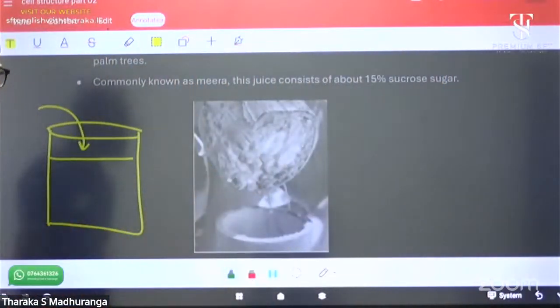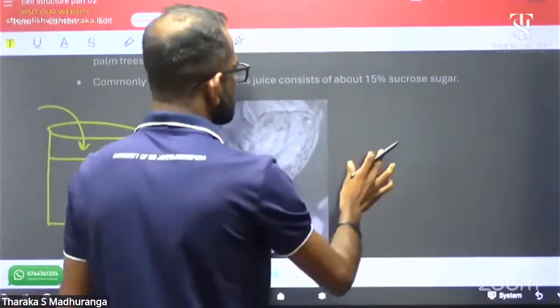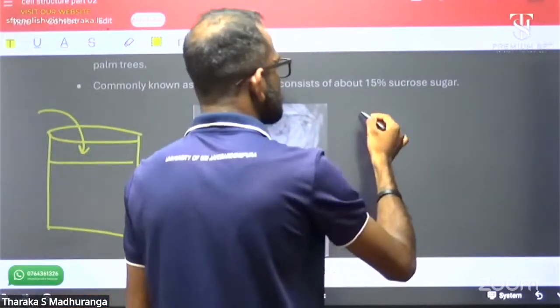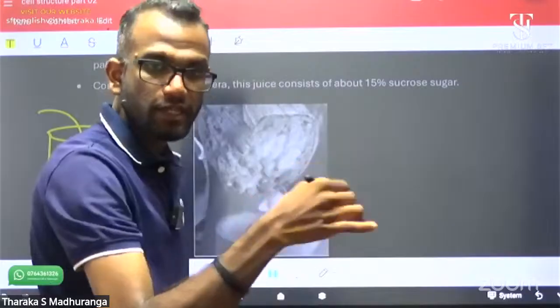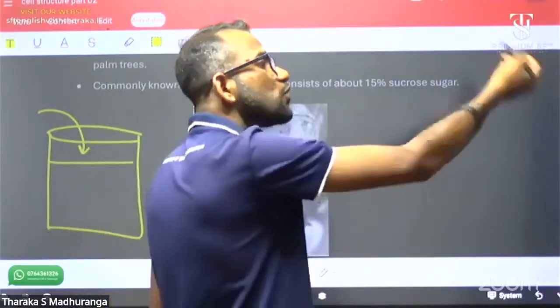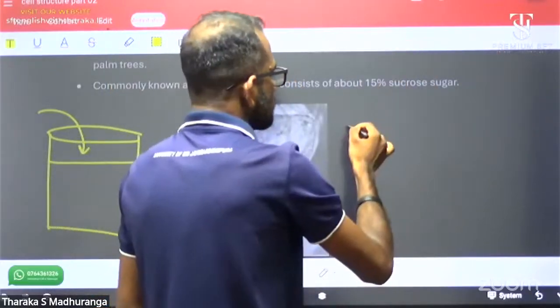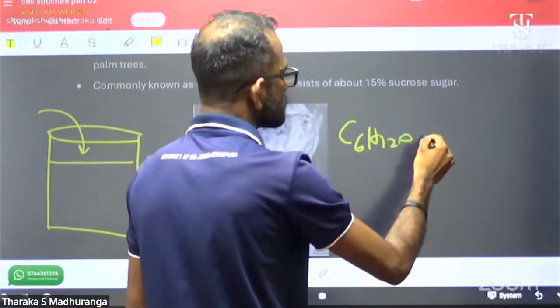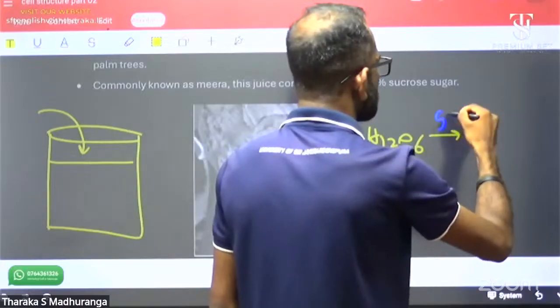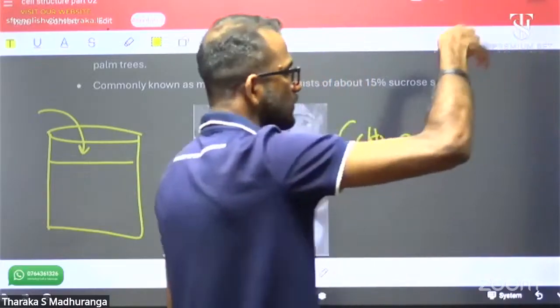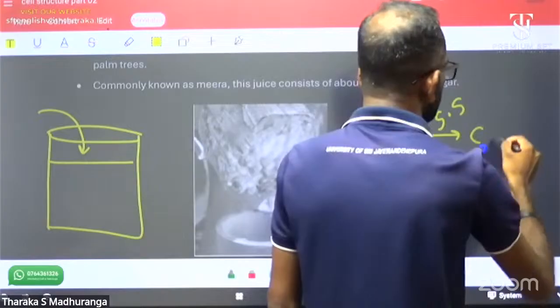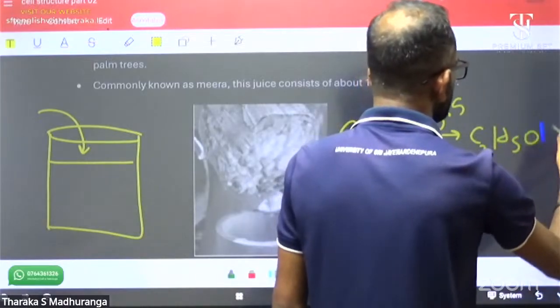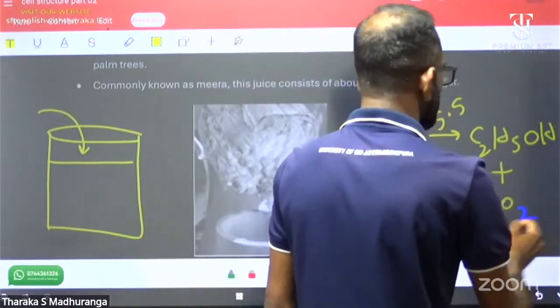The sucrose is converted into glucose by the invertase enzyme. This glucose, C6H12O6, is converted by Saccharomyces cerevisiae into C2H5OH plus carbon dioxide.